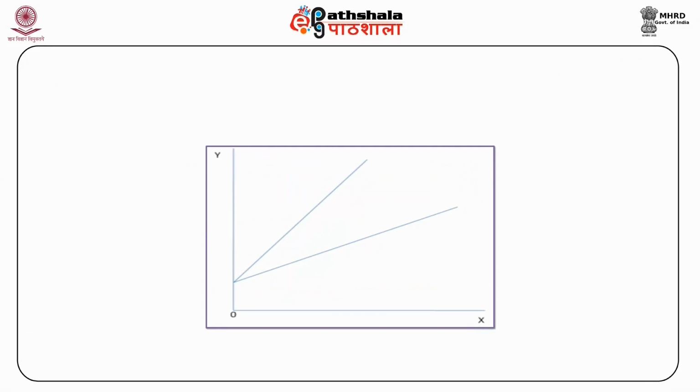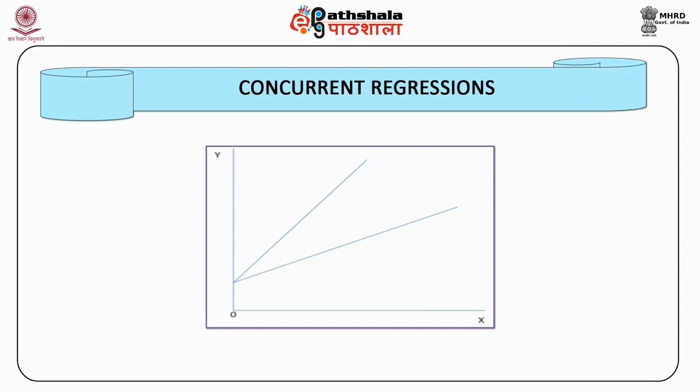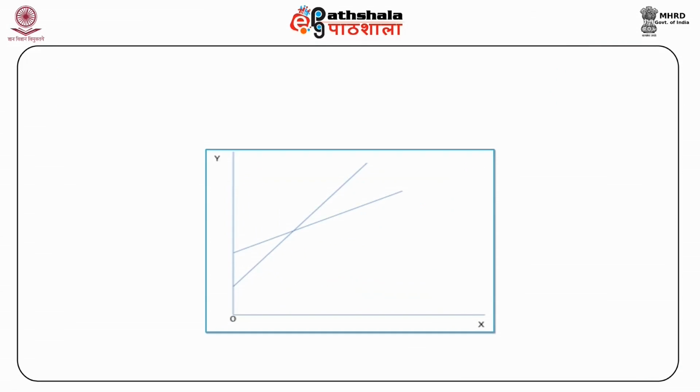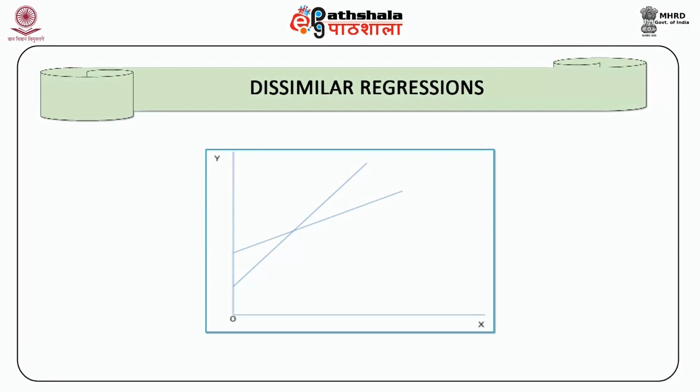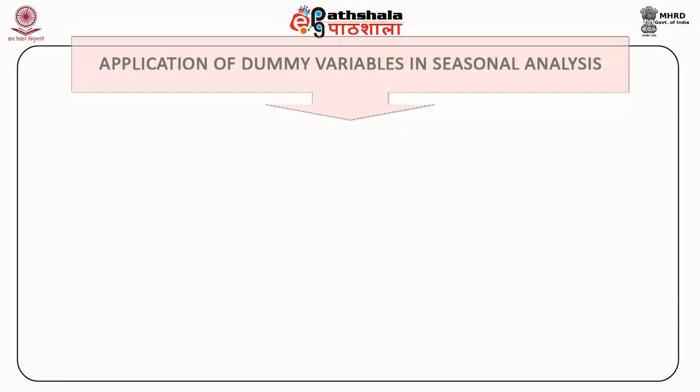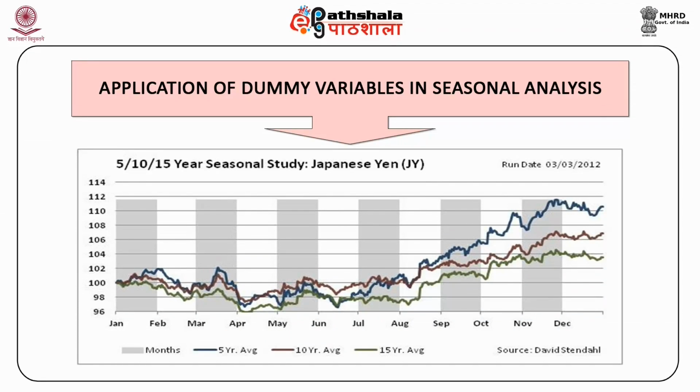When the differential slope coefficient is different for the two regressions, but the differential intercept coefficient is the same, then we find concurrent regressions. Finally, when both differential slope coefficient as well as differential intercept coefficient are different for the two regressions, then we come across dissimilar regressions.